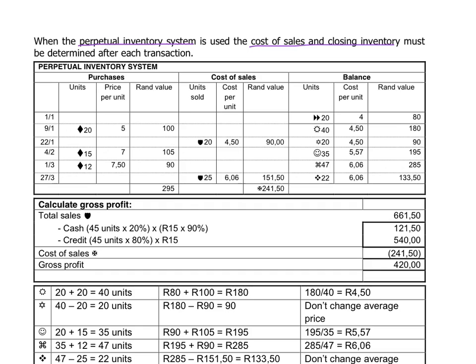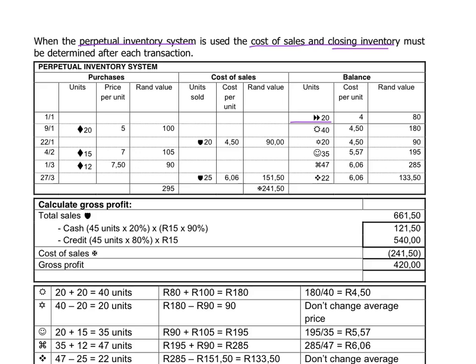That means that you have to determine every time when you buy something what is the new average price, because you have to determine what is the effect on inventory all the time in the perpetual system. Every time when something is sold, you must determine how many units are left over and what is the value of your closing inventory.